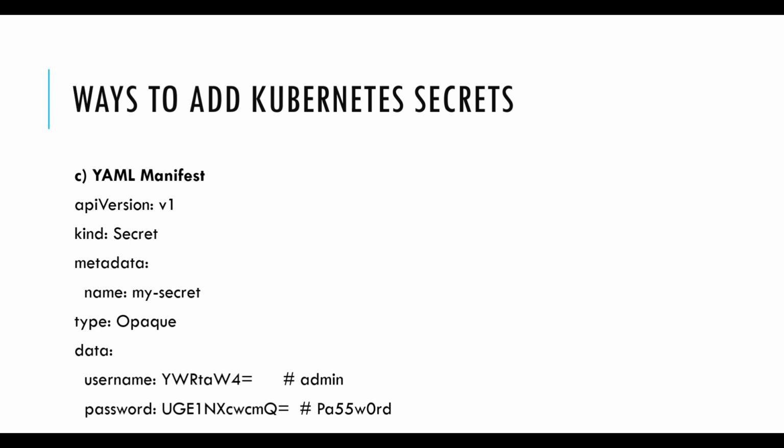We cannot directly give the value in the YAML file, because that file will be in a GitHub repo. So that's why we need to store it base64 encoded, and Kubernetes decodes it so that it can use the decoded value. So this needs to be done when you are doing it through a YAML file. So API version, kind Secret, type will be Opaque. This is the name of the secret, and then the data that you want to give.